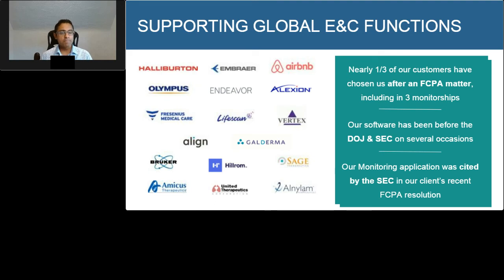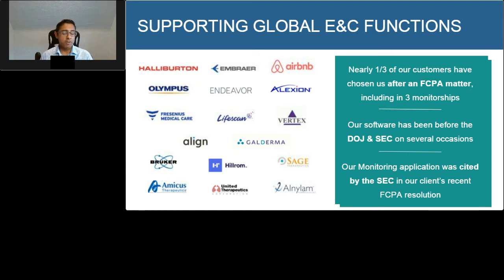Probably the element that I'm most proud of is that we are helping companies navigate some very difficult situations. About a third of our customers have chosen us after some sort of FCPA matter. They're choosing us to remediate their programs and show them to regulators. We've been selected in 3 separate FCPA monitorships. Our software has been in front of the DOJ and SEC several times as a result.